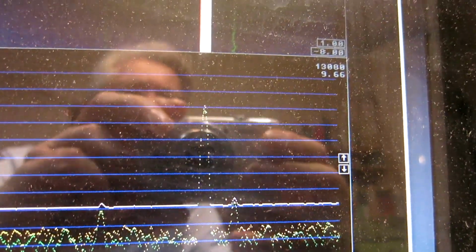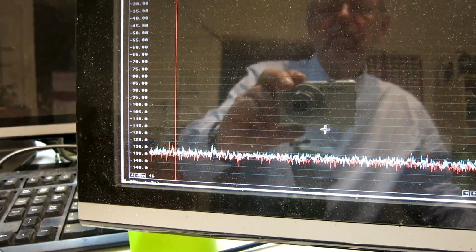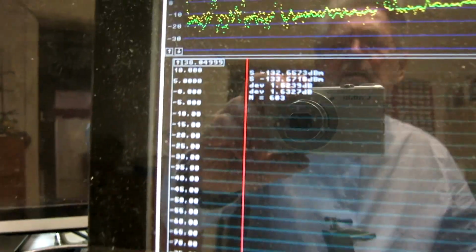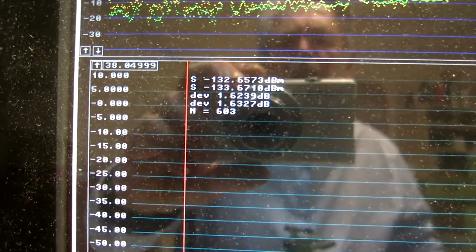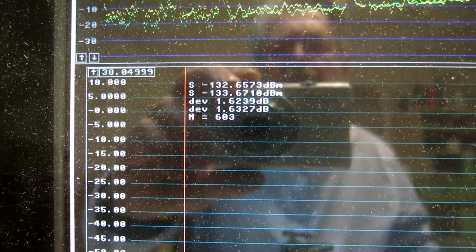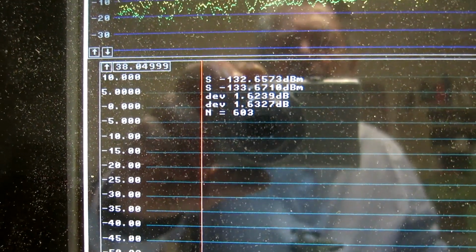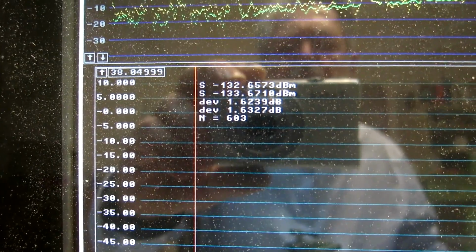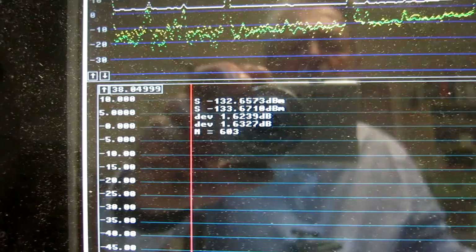Now I have collected 13,000 averages. The correlation advantage is 9.7 dB, and channel levels minus 132.7 and minus 133.7.